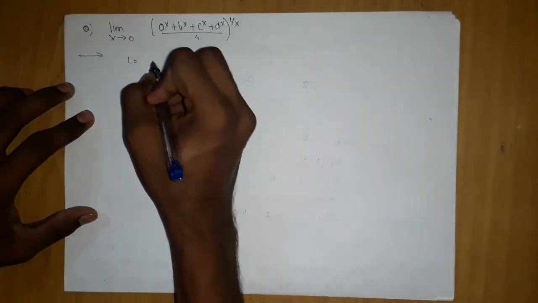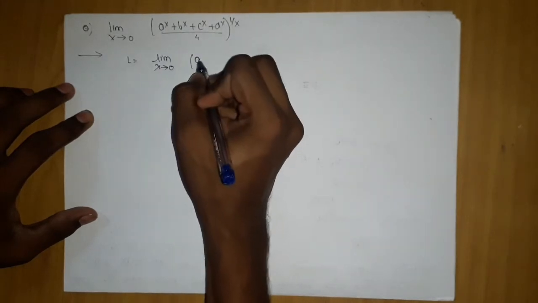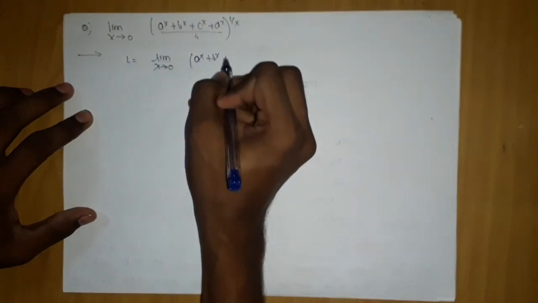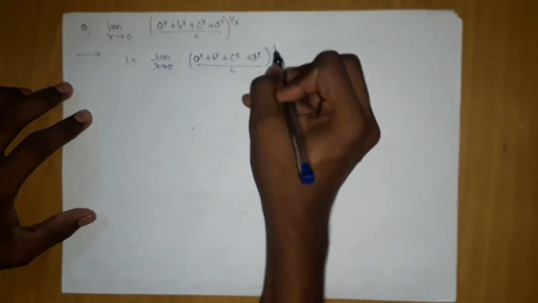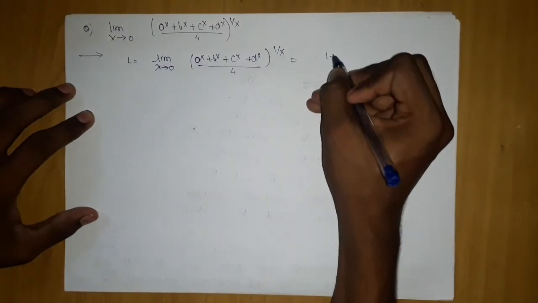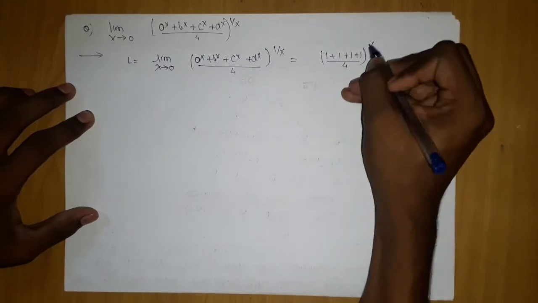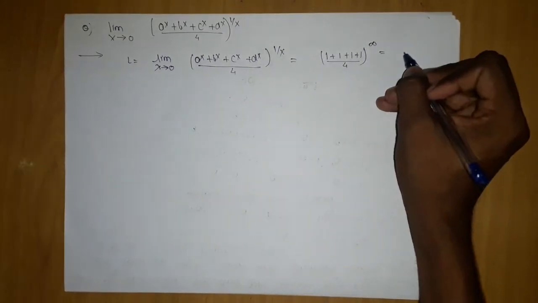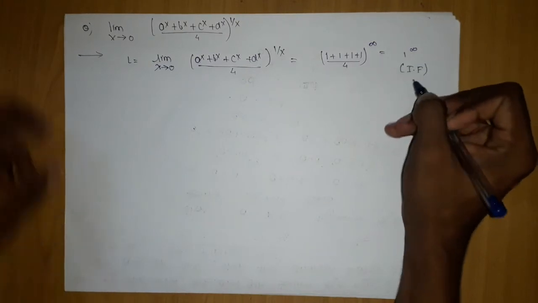First step is write this limit x tends to 0, (a^x + b^x + c^x + d^x)/4, the whole to the power 1 by x. Substitute the values. You will get (1+1+1+1)/4, the whole to the power, this will tend to infinity. You will get 1 to the power infinity, which is an indeterminate form.